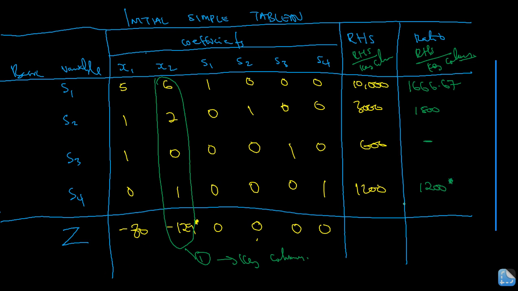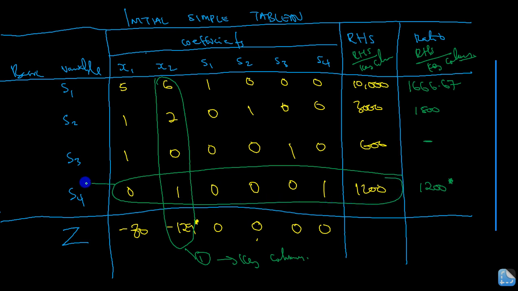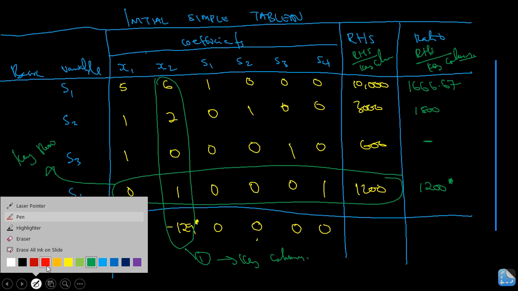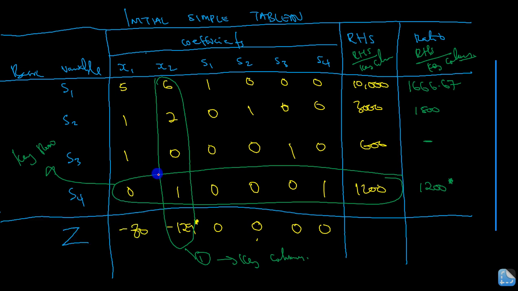1,200 is our smallest. Now we are going to get the corresponding row and call it our key row. Now, take note that we have an intersection between our key column and our key row, and the intersection here is 1.